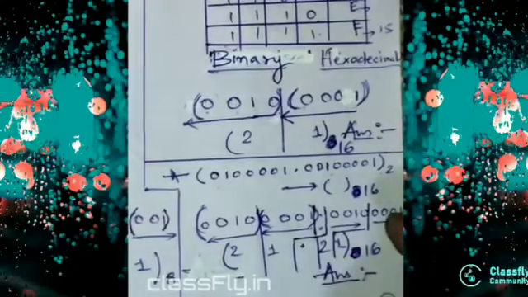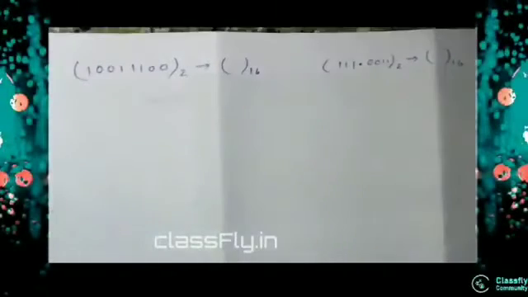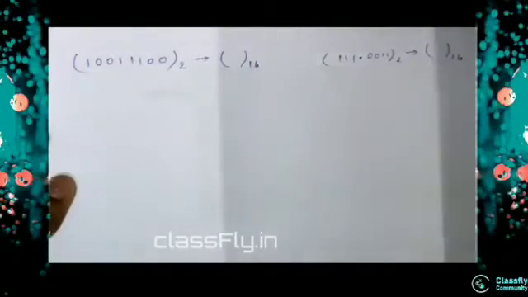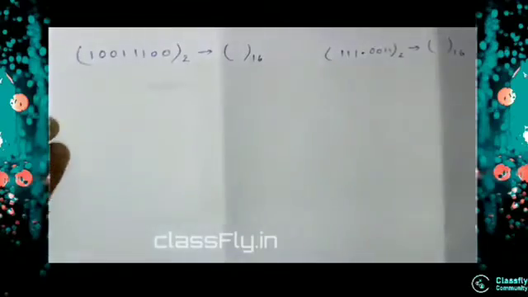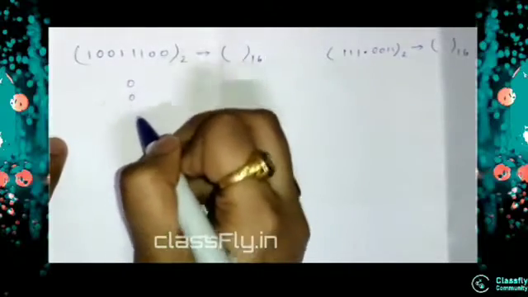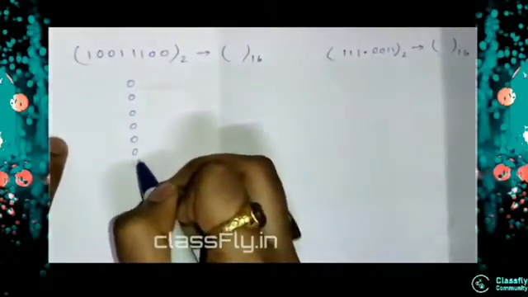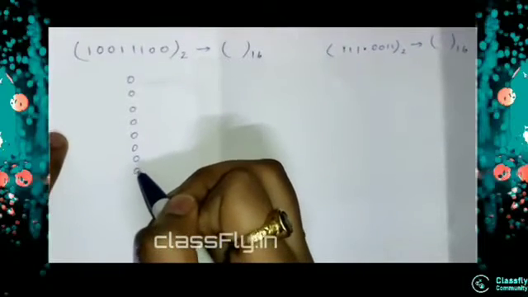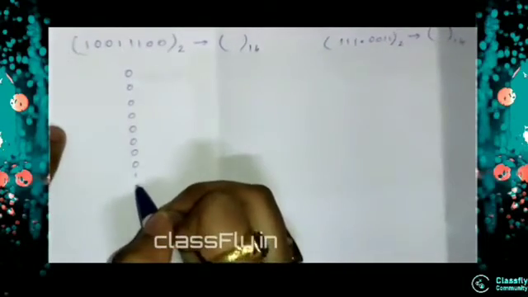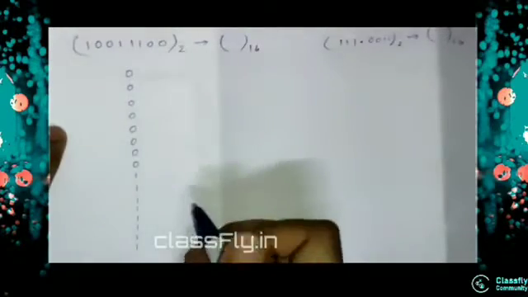Okay. We will now solve questions on binary to hexadecimal. These are the 2 questions. So let's solve them. First we will make the table. What I told, for 16, first we will make 8 zeros and 8 ones until we reach the 16th row.